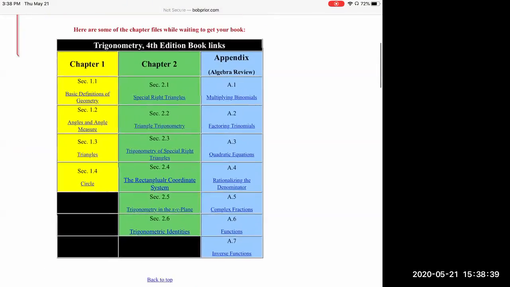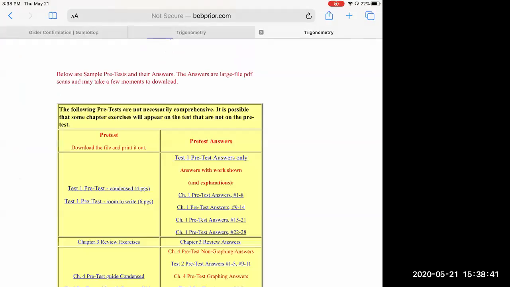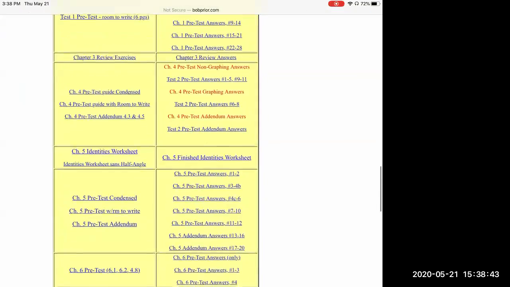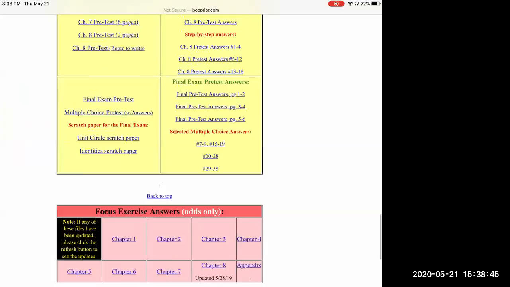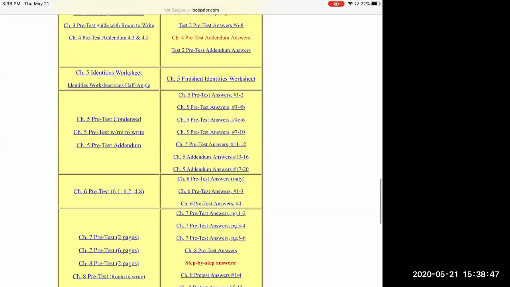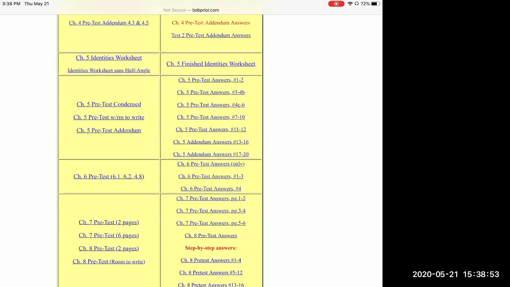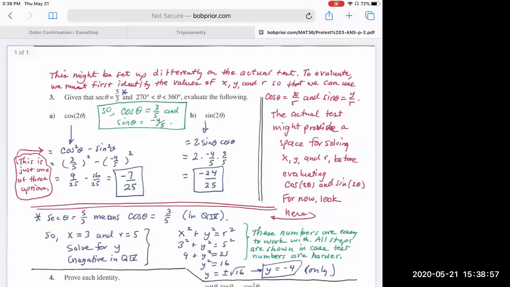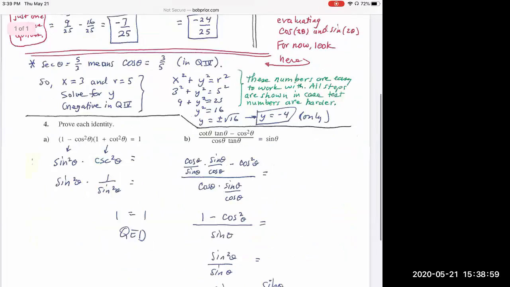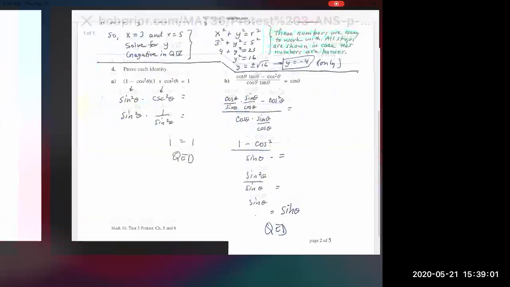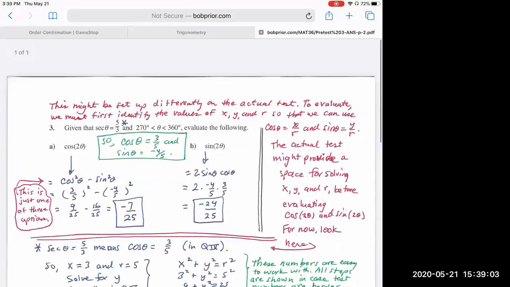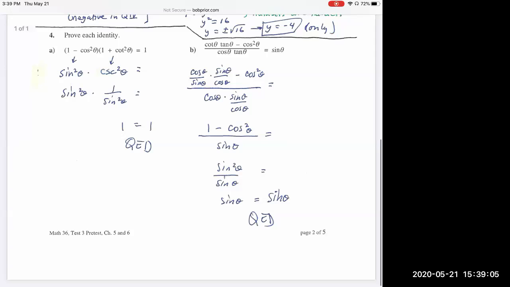So you can choose pre-test and answers. And this is actually test chapter 5, but it's all of chapter 5 and 6. And if you go ahead and click into the chapter 5 answers, it has them in bits, but you can see all of them there. And you can see all the work done.